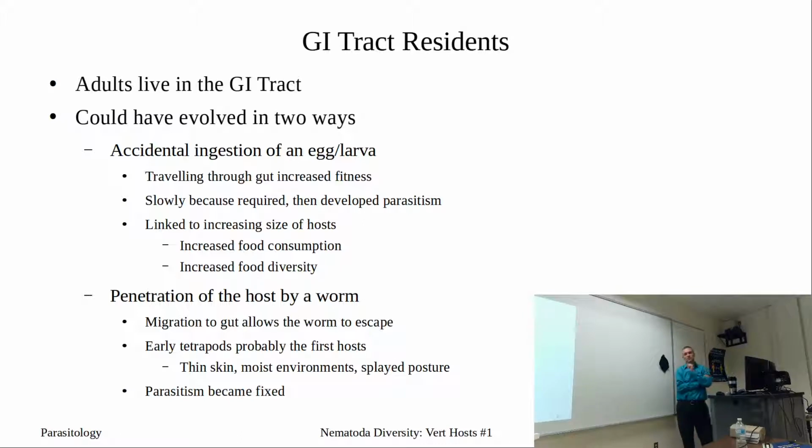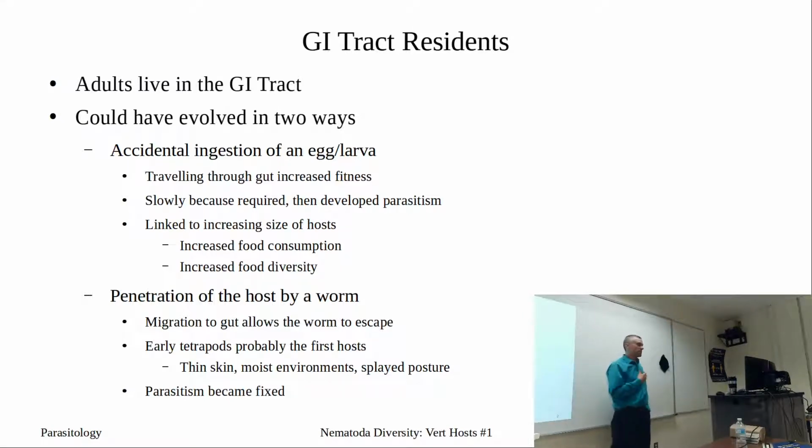Because they persisted longer, maybe they avoided some harsh environment, or being in that host allowed the worms to get to a new area and colonize it. Now that mutation has higher fitness and will be selected for in our population. You start getting this cascade of selection up to the point where parasitism becomes required. The worm needs to get into the gut, and then maybe it says, let's not leave at all, let our eggs get out, and then the larvae are the ones that need to get consumed.